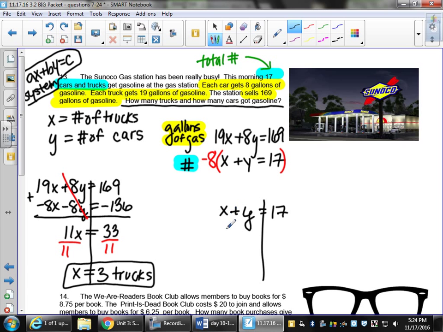This becomes 3 plus y equals 17. Subtract 3 from both sides. Y equals 17 minus 3 is 14. 14 what? Going back here, y is cars, so y equals 14 cars.